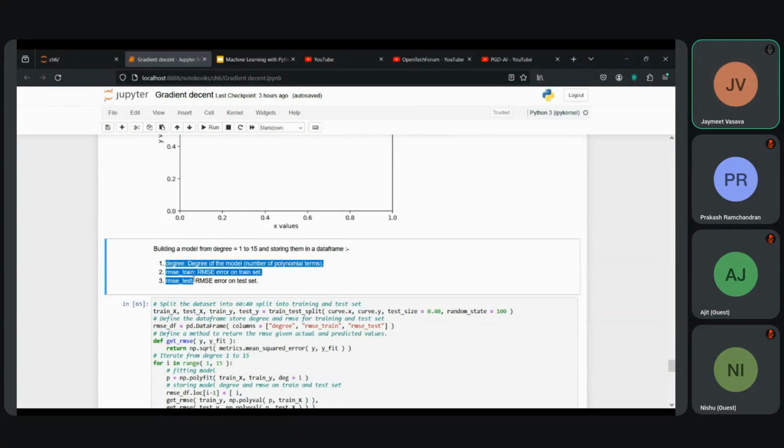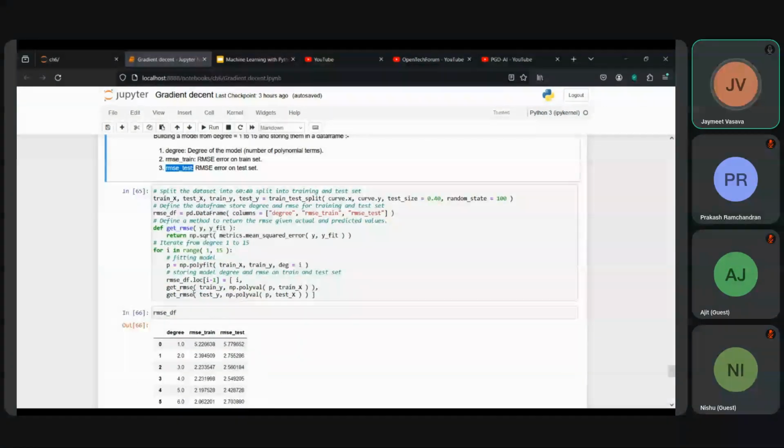These are the terms that we used: degree, root mean squared error on the training dataset, and root mean squared error on the test dataset. So we define a function get RMSE, which is nothing but the root mean squared error.